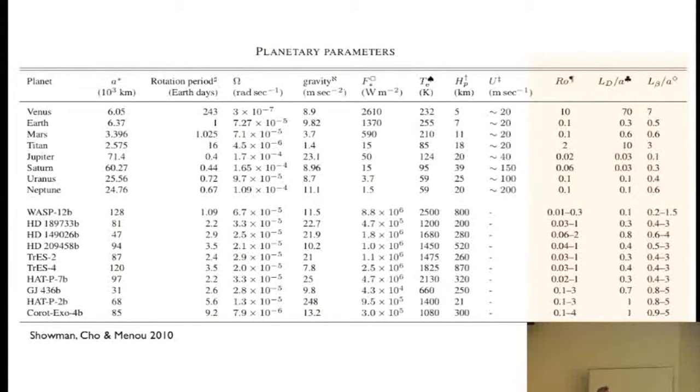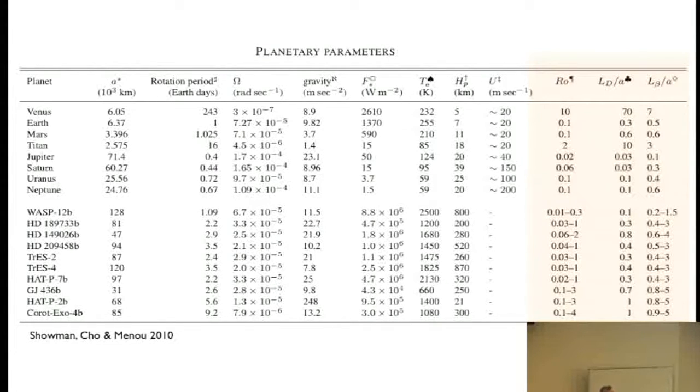And so on Jupiter and Saturn, you get strong rotational control of the flow, small Rossby number, much less than 1. And then you get a small Rossby deformation radius and a relatively small Rhines scale. And the inverse of that Rhines scale multiplied by pi, something like that, is typically the number of bands that you expect, east-west banding, in the flow.